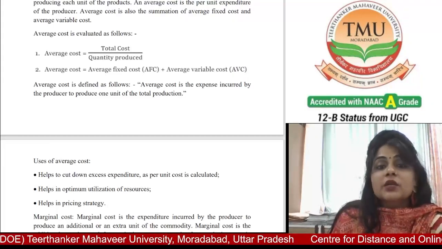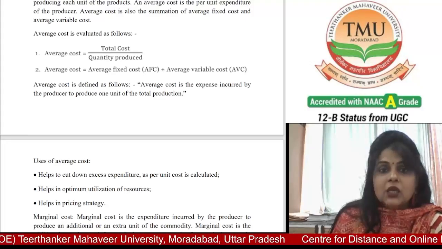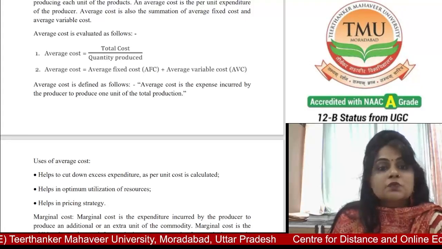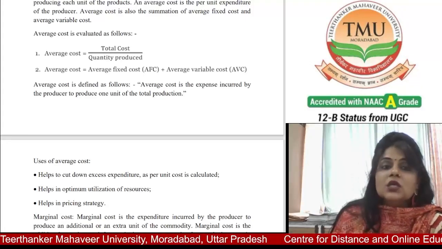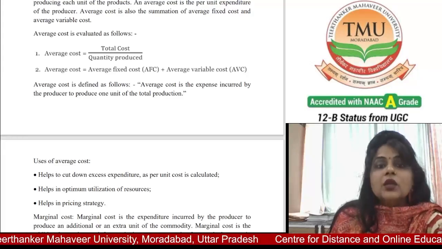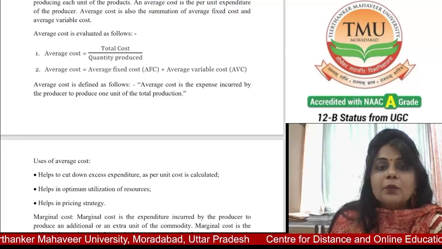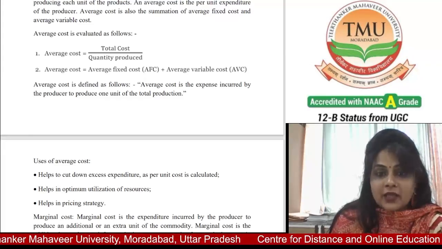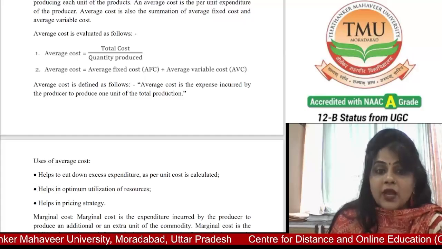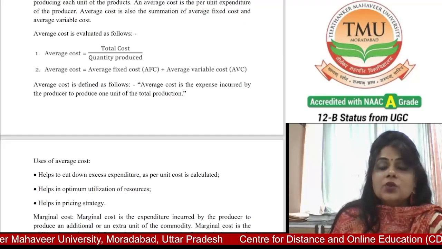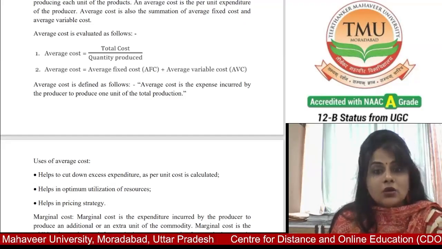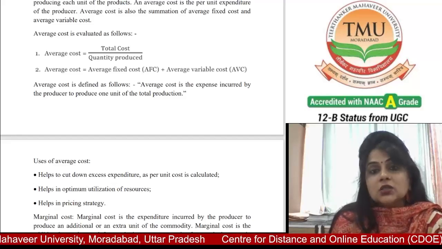In other words, it measures the amount of money that the business has to spend to produce each unit of output. It forms a fundamental component of demand and supply that affects the supply curve, and it is also known as unit cost or average total cost.